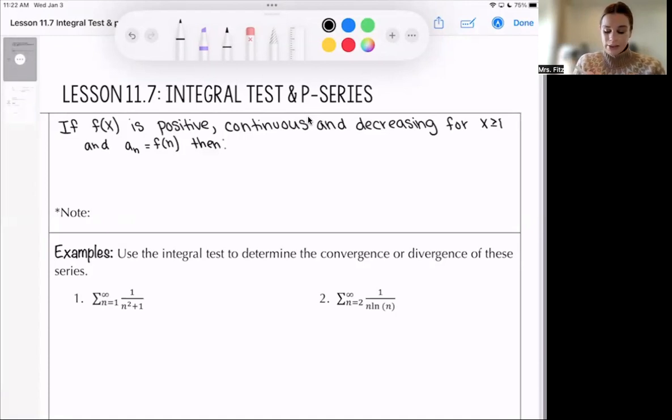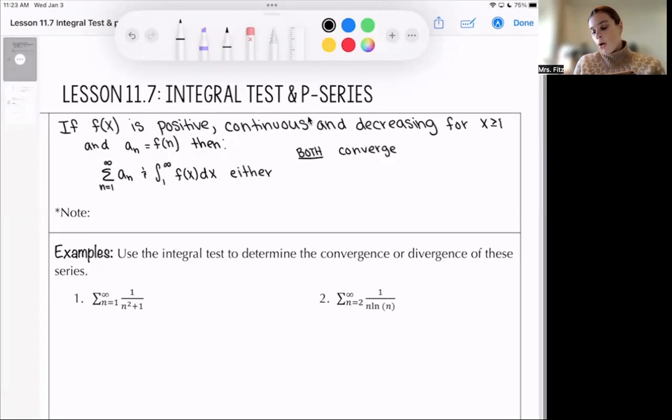So then the sum from n equals 1 to infinity of a sub n and the integral from 1 to infinity of f of x dx either both converge or both diverge.